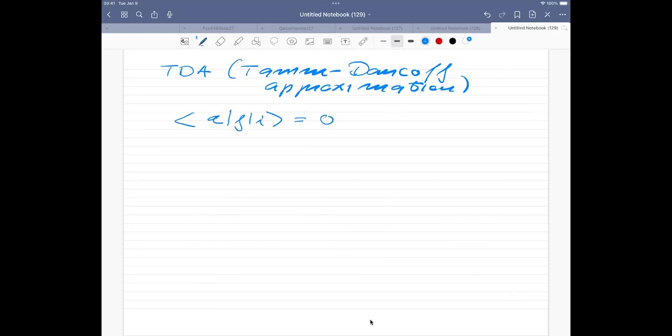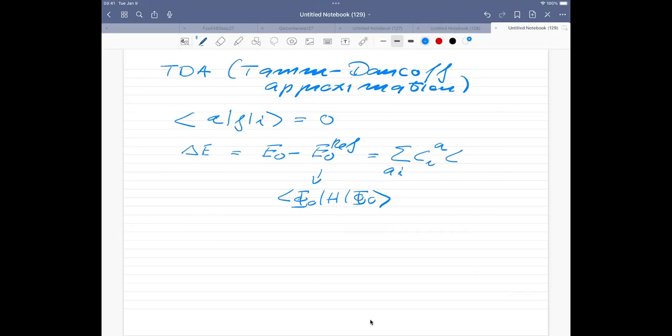We found that the correlation energy, delta E, was given by the exact energy minus the reference energy. And the reference energy, just to remind you, is given by <phi 0|H|phi 0>. And this is something which we then could rewrite in terms of a set of particle-hole terms.